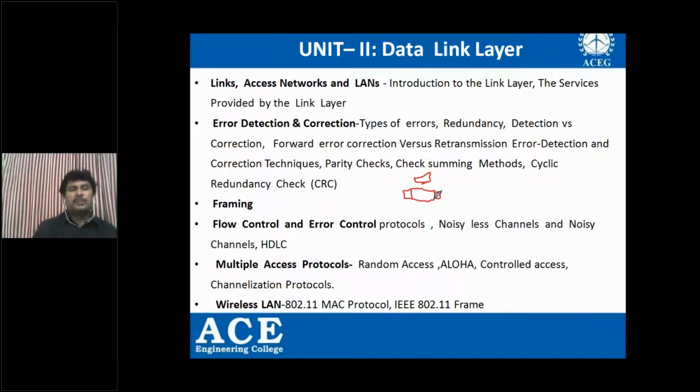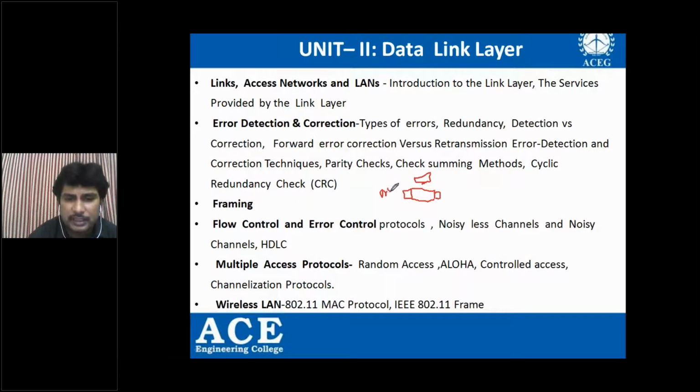Now this process is called the framing process, and we'll try to understand what we mean by framing and how framing will be implemented and different ways of implementation. This is data link layer, and this is my network layer.